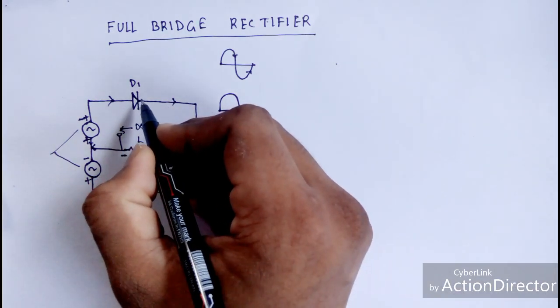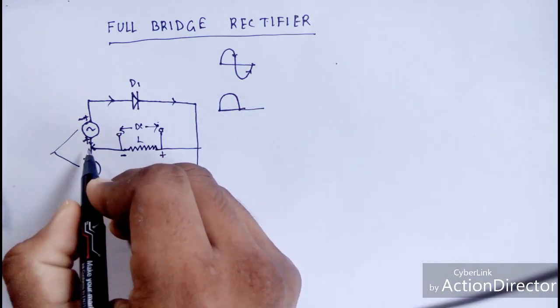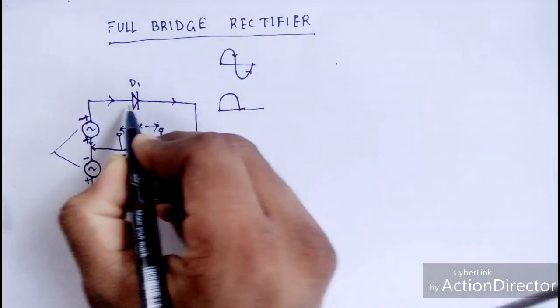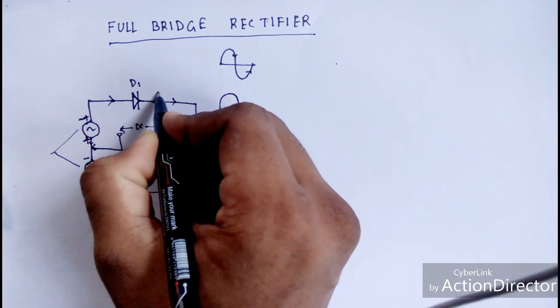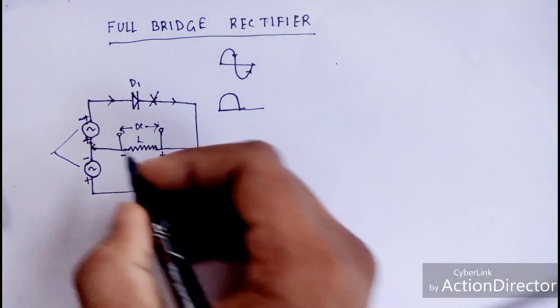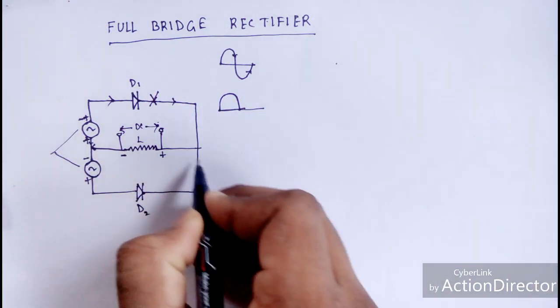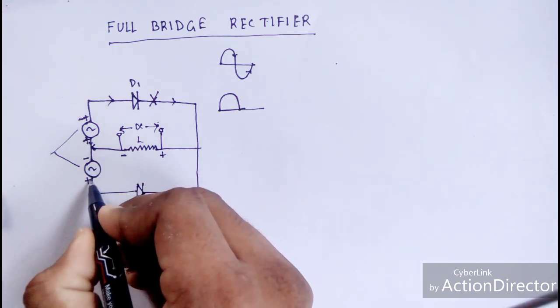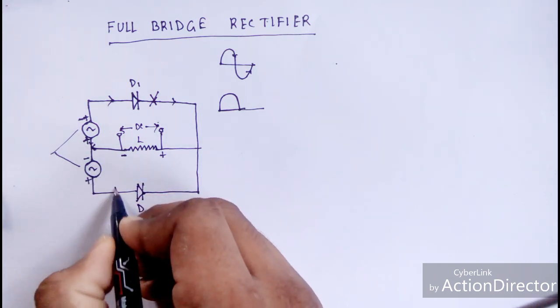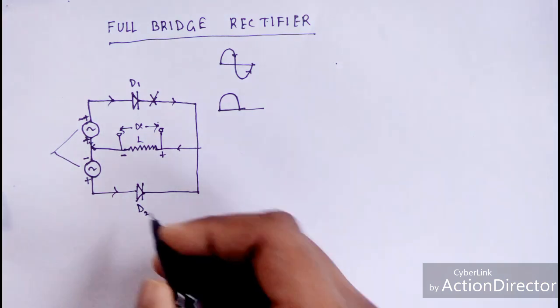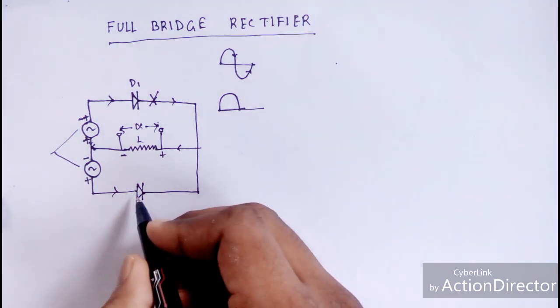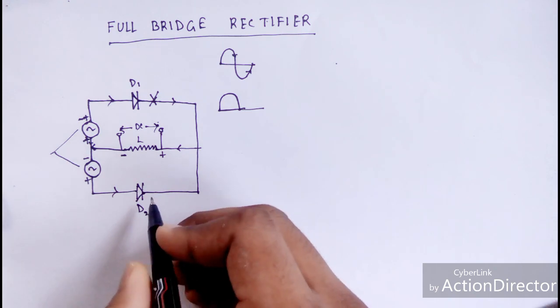So you can see that in this direction this diode is in reverse bias, so current will not flow from here. But in this loop you can see that current is flowing from plus to minus, and here the diode becomes forward biased.